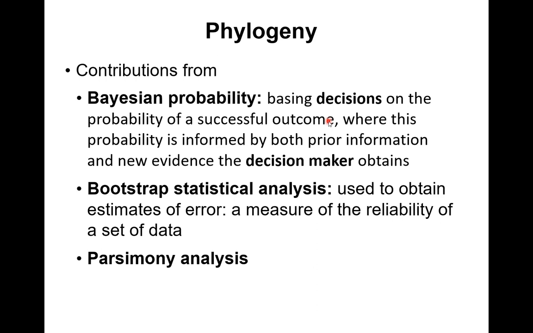Then there is Bayesian probability, which says that the data should be interpreted using not only what you see in the data, but also by adding prior information. So you should not just use the data, that's it. There should also be previous information based on other observations that should be entered into the final analysis.